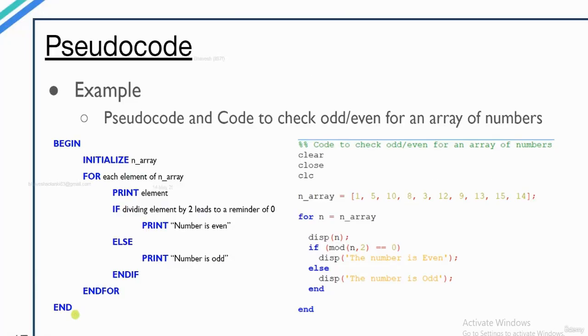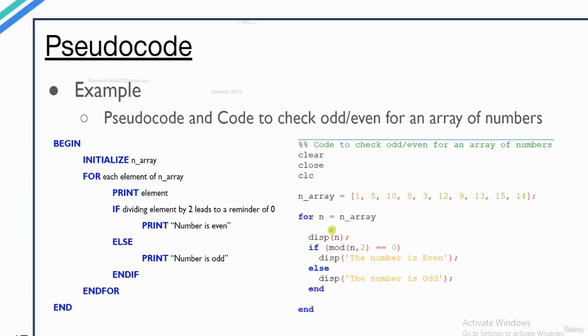So a pseudocode, if we look at it, is essentially verbal instructions. But when we write these instructions in such a format, the logic is clear, right? And these instructions can be easily converted into the real code. What we can see on the right is the actual code.